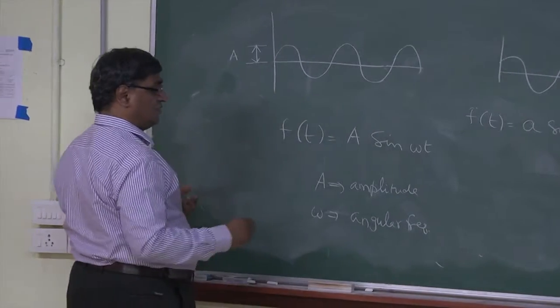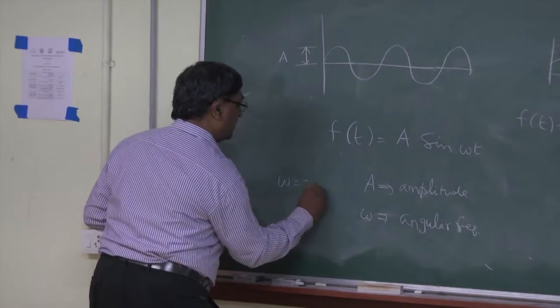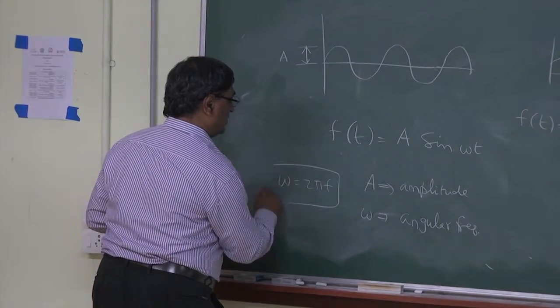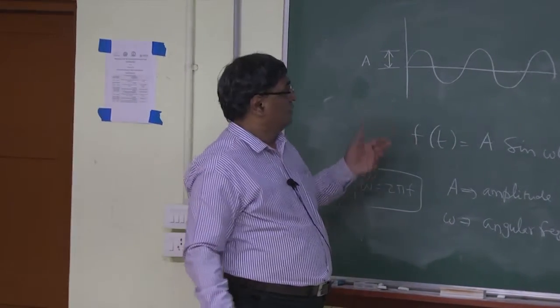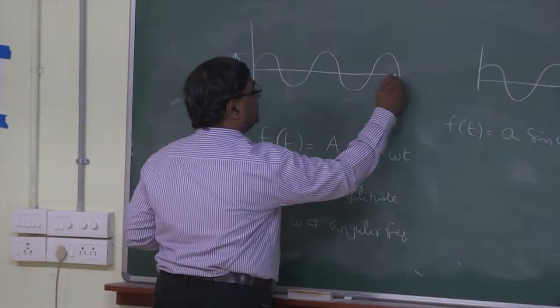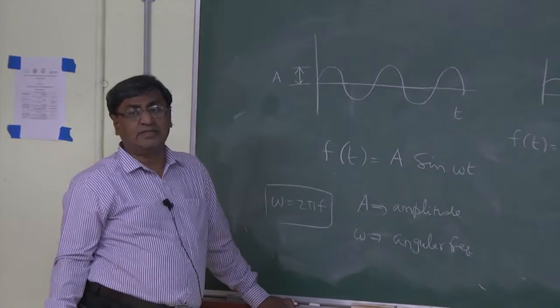So omega can be calculated as 2 pi into f, where f is called the circular frequency. Of course, here we have plotted the signal as a time series signal.